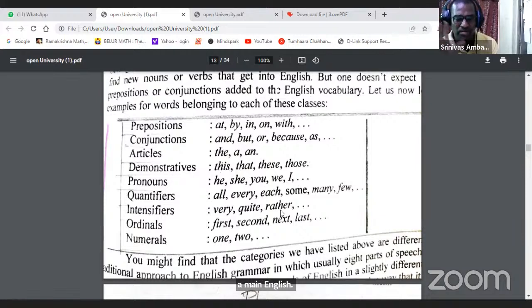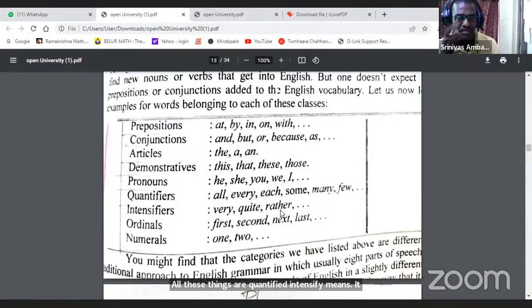Demonstratives. Pronouns: I, you, we, she, he, it, they. Quantifier means quantity. All the biscuits I want. Everyone should listen. Leave some sweets for me. Some, less or more, all these things are quantifiers. Intensifier talks about the intensity of the situation.